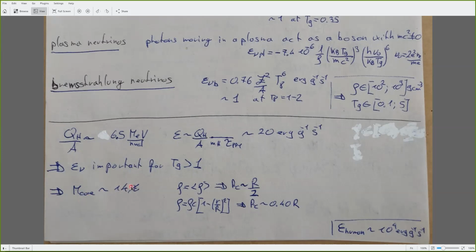The core is about 14% of the mass, in this case of the sun, and if you consider constant density inside the star, the radius of the core should be about half of the solar radius. If you consider this kind of behavior for the density, it's 40% of the radius of the sun.